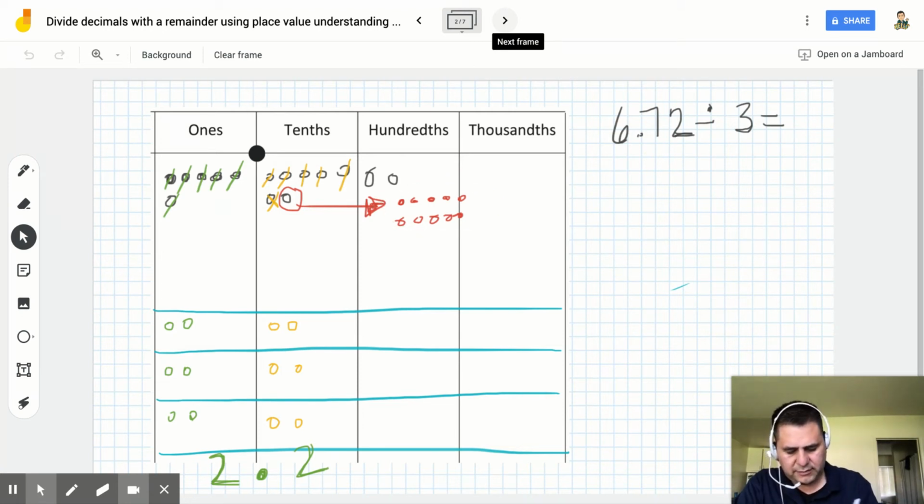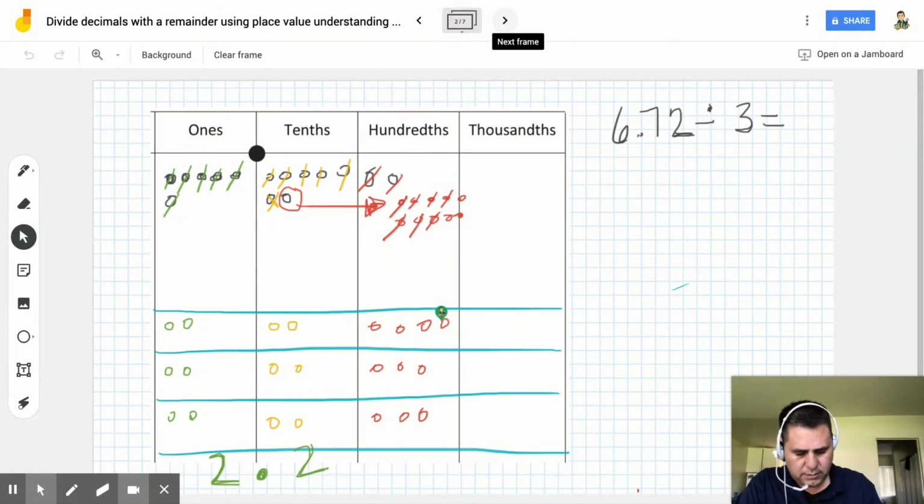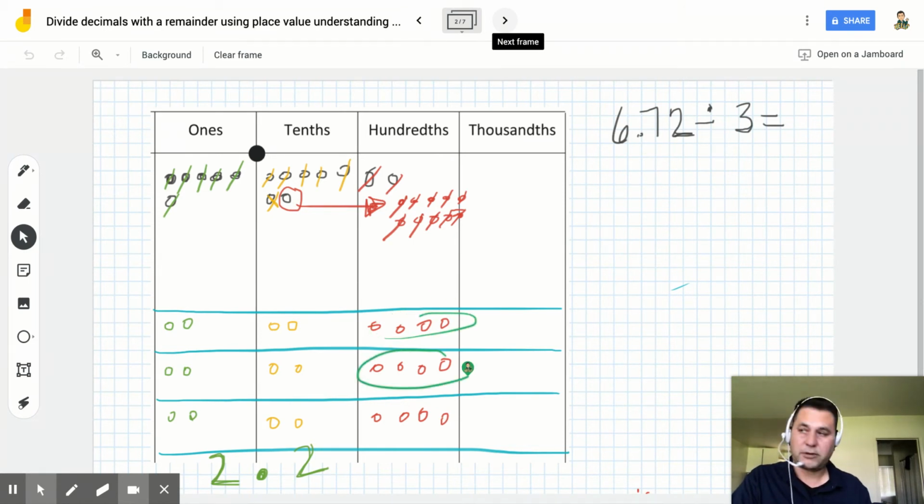And again, same thing, let me divide. 1, 2, 3, 4, 5, 6, 7, 8, 9, 10, 11, 12. And it just so happens that everyone gets the same amount. Everyone in this case is getting 4.